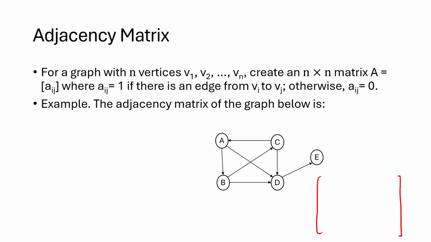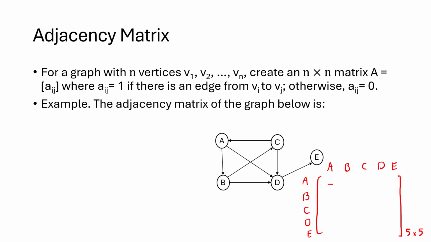So 5 by 5 matrix. And we know that each entry is going to be either 0 or 1. And here's how we figure out which case that is for each entry. So let's say the first row is labeled with A, then B, C, D, and E. And similarly for columns A, B, C, D, and E.